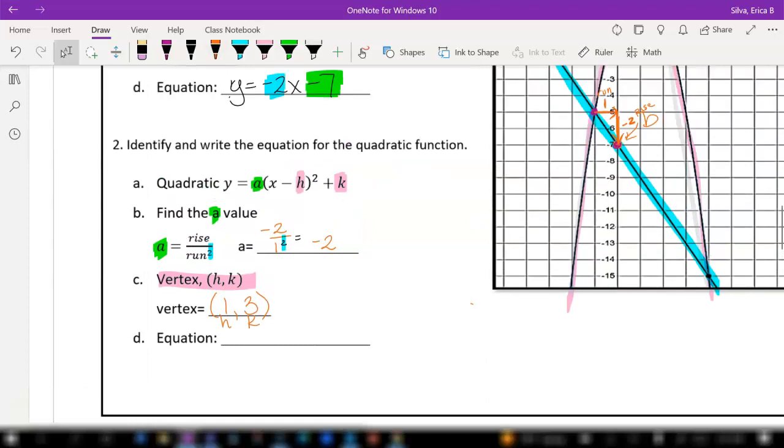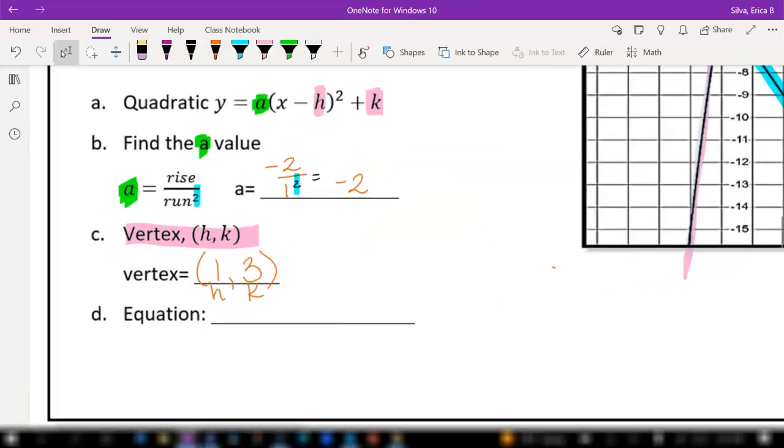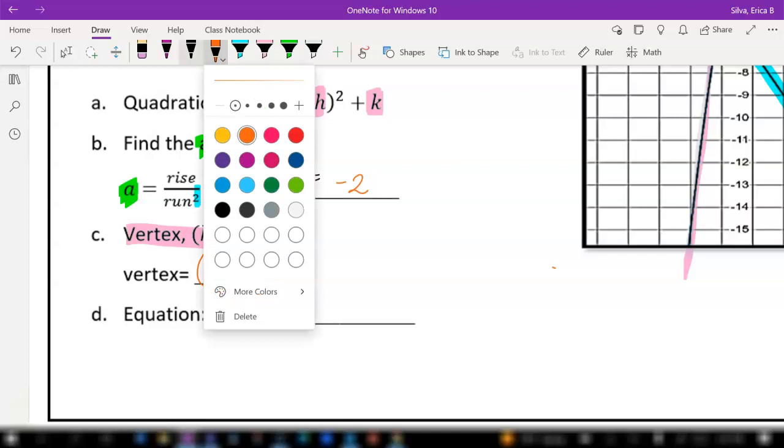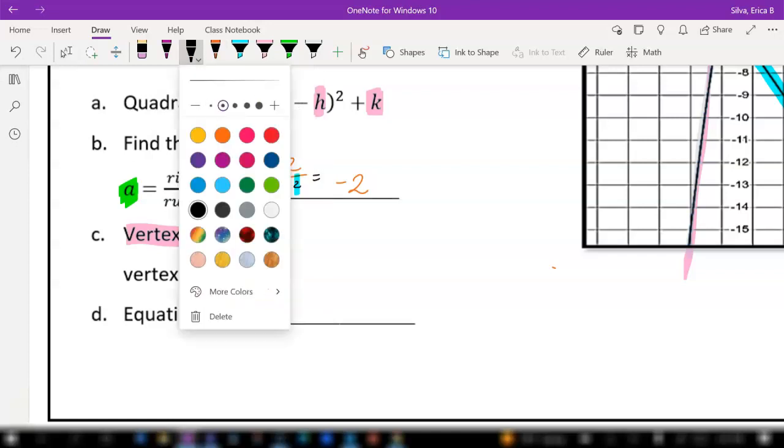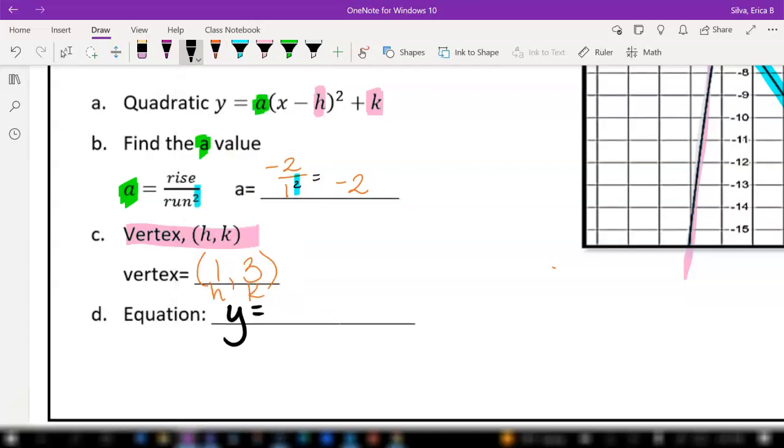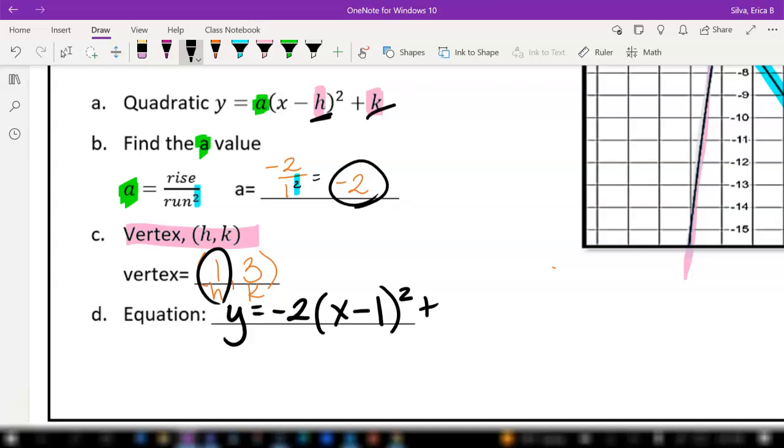Question so far? All right, let's go ahead and substitute. We've got y is equal to, then we're going to write our a, -2, x minus my h, what's my h again? 1, squared, and then plus my k, which is 3.